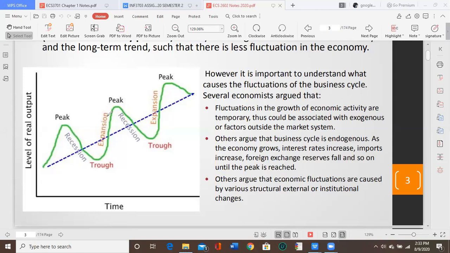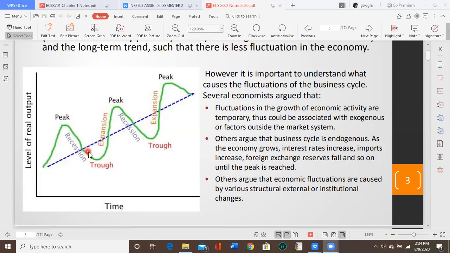Now you can follow, right, with the green lines here. This one is our business cycle. The green line is the business cycle, changing over time.